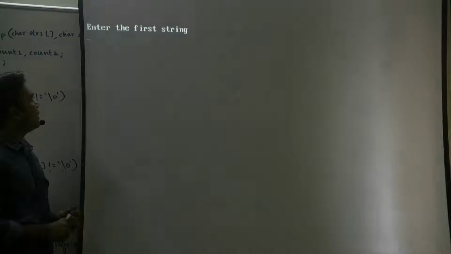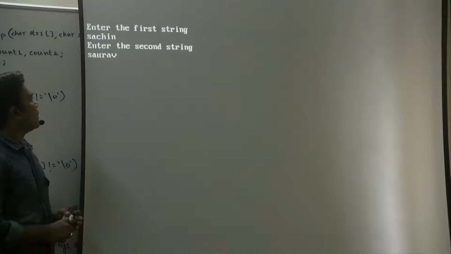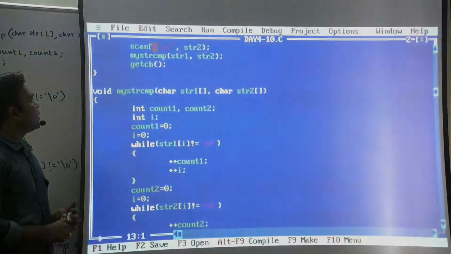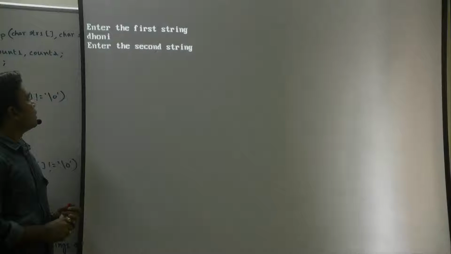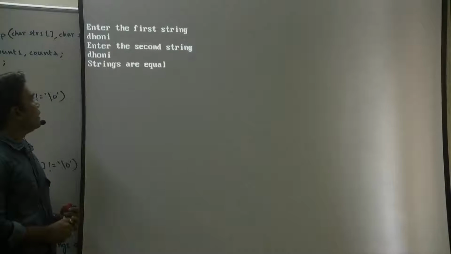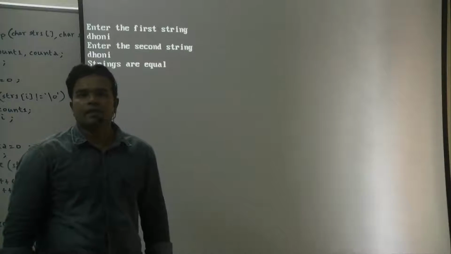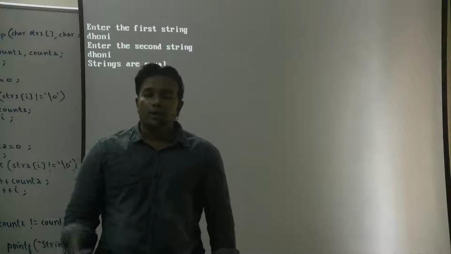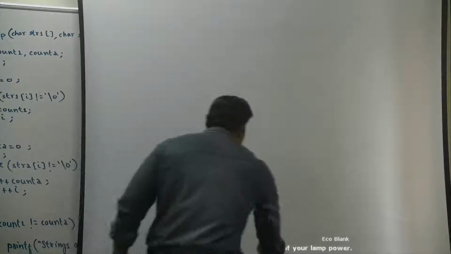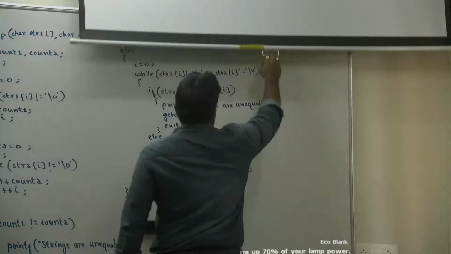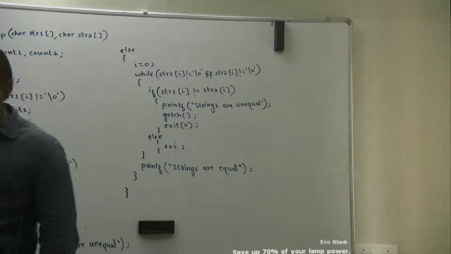Similarly, Sachin, Saurav, I would get unequal. Similarly, Dhoni, Dhoni, obviously I should get equal. I hope all of you have been able to understand this as well. You can try writing it rather than mechanically copying. I hope all of you are gradually growing in confidence when it comes to programming. Please be quick.